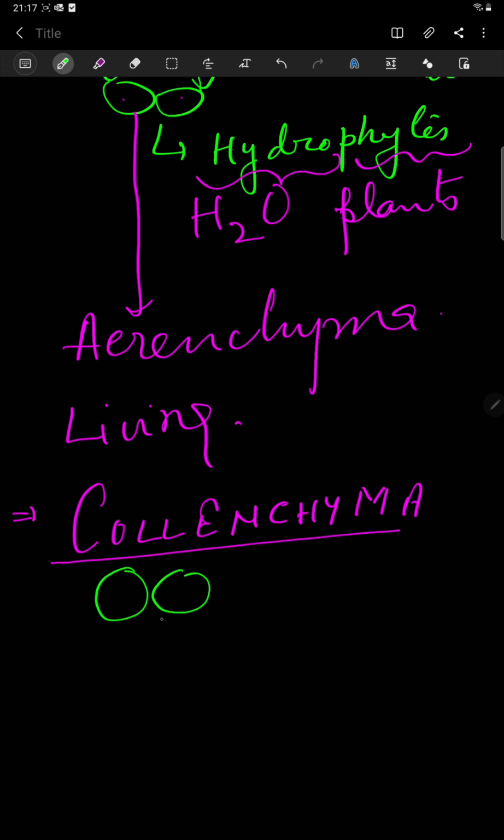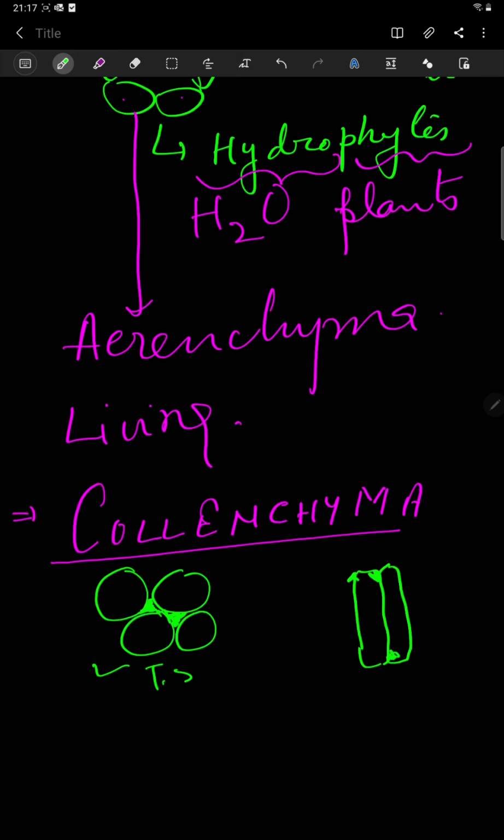Cell number 1, 2, 3, 4. This gap is not present in this collenchyma, right? And they provide a little bit of mechanical support, no intercellular gap. The corners are thick. This is the TS. When we make the longitudinal section of this one, these corners are thick. There is no gap at all.